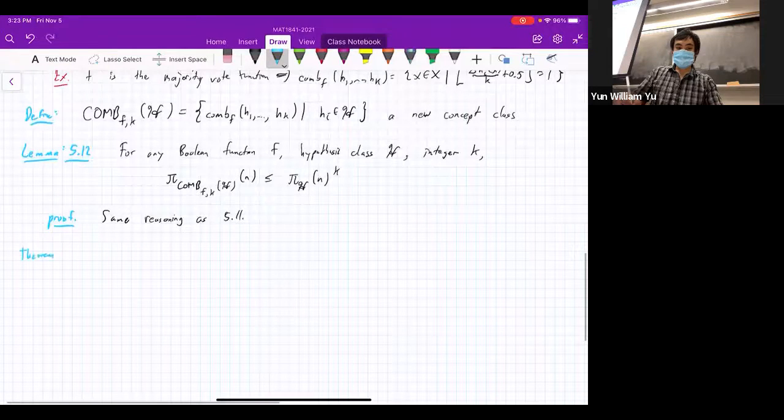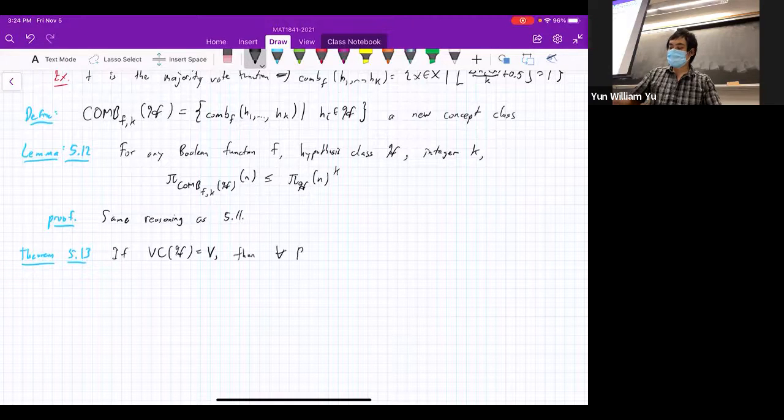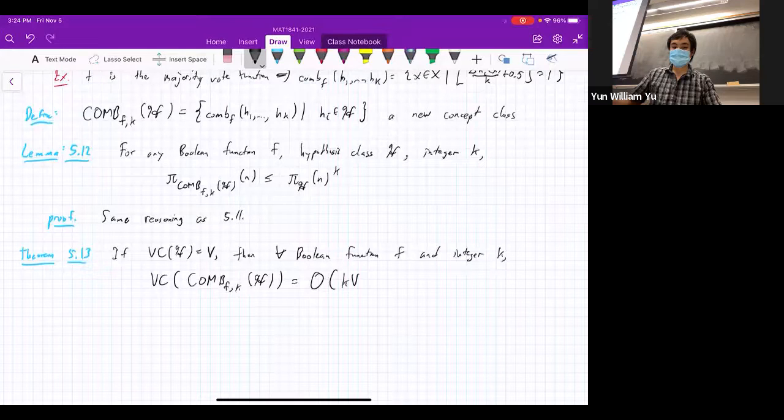And let's go ahead and give a theorem about the VC dimension of these things. So if the VC dimension of H is equal to v, then for any Boolean function f and integer k, we know that the VC dimension of this combined concept class, f_k of H, is equal to O of kv times log of kv.